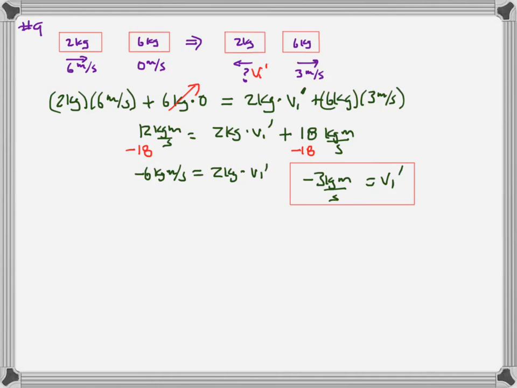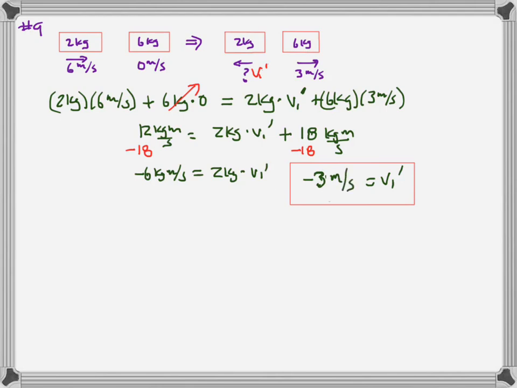So I was right in my guess that v1 is going to be moving to the left, at negative 3. Oops, that's not kilogram meters per second. Let's fix that. It's just meters per second, because velocity doesn't have a kilogram in it. It's just velocity. So fixing that, 3 meters per second.